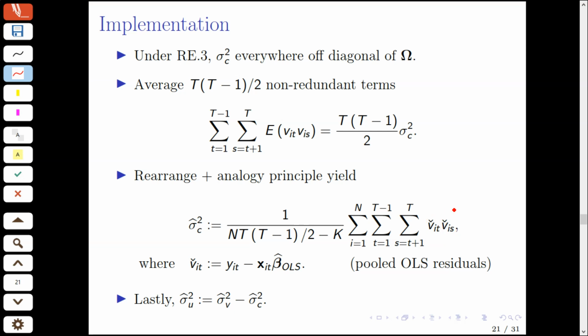So this gives us our second variance estimate, namely a consistent estimator of the individual effect variance. And then we obtain a consistent estimator of the idiosyncratic error variance by subtracting these two variance estimators. To be specific, we construct our estimator of the individual effect variance and subtract it from our estimator of the composite error variance.